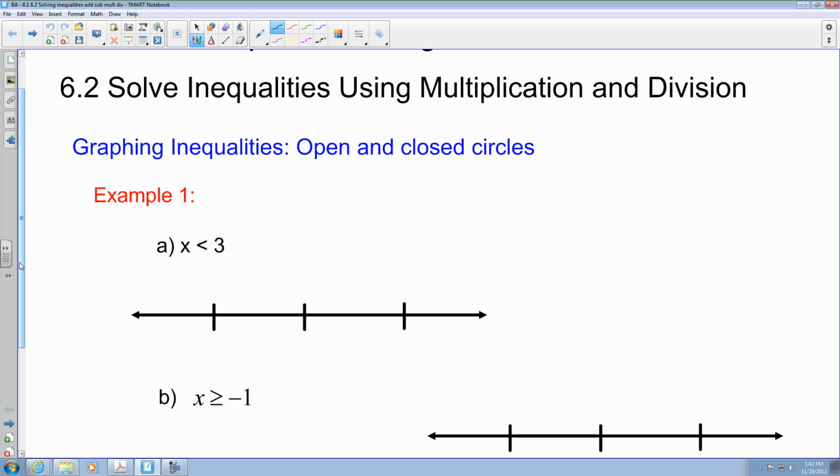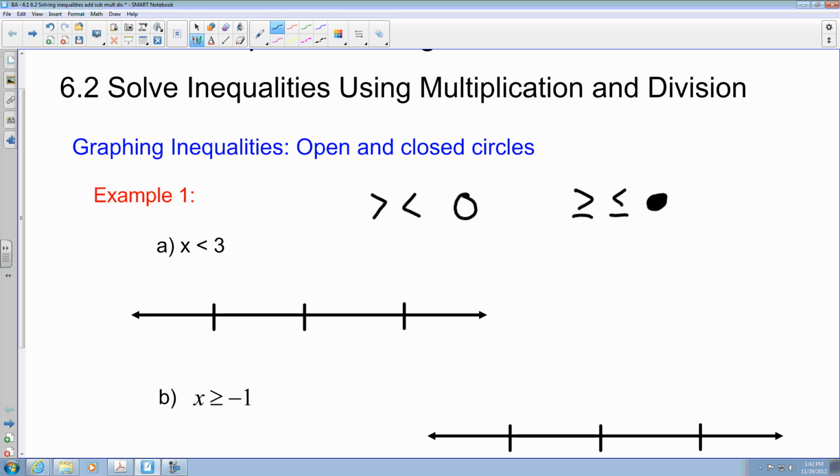So the difference between an open circle and a closed circle: anytime it's a greater than or less than sign, I have an open circle. And anytime that it's a greater than or equal to or less than or equal to, I have what is called a closed circle.